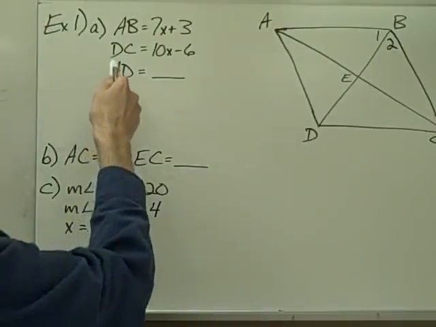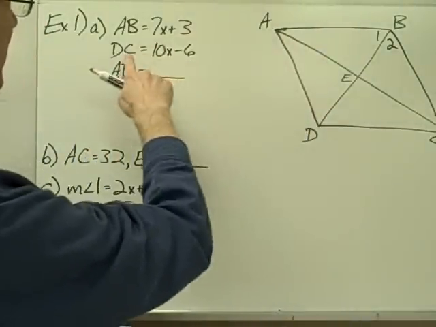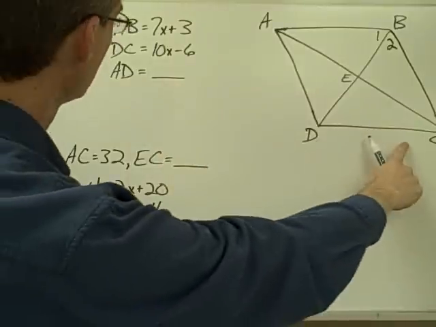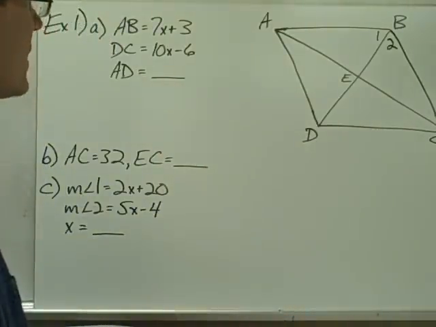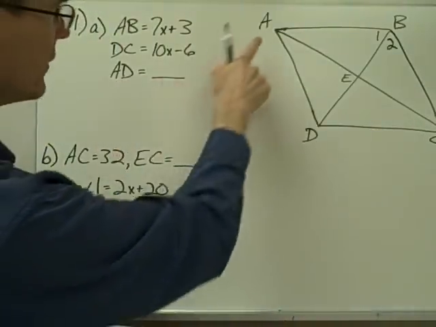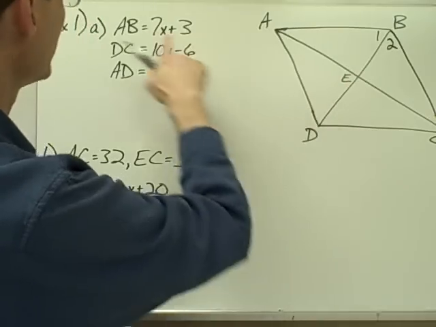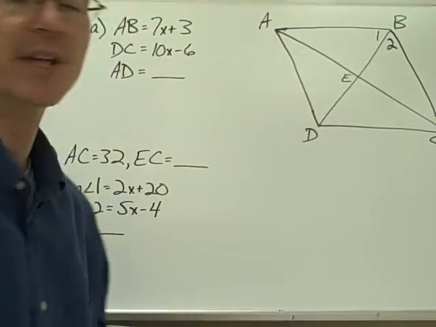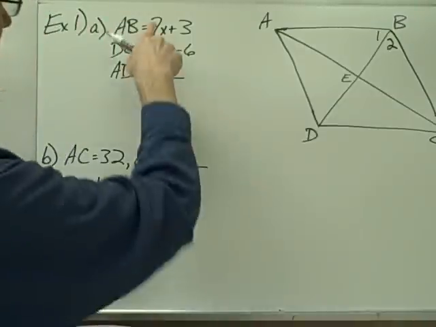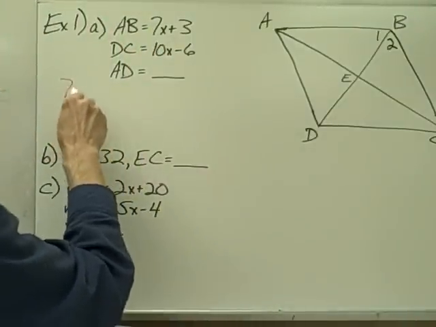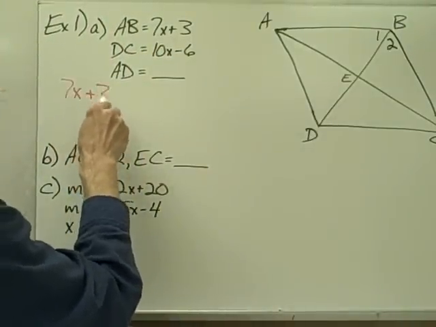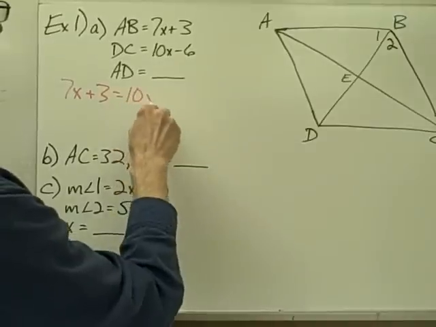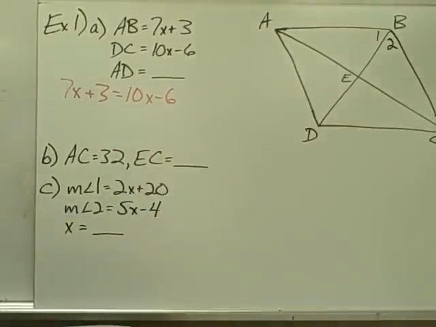So for example, 1A, I'm told AB is 7x plus 3, DC is 10x minus 6, and I'm looking for the value of AD. Well, first thing I note that AB and DC are two sides of a rhombus. Since I know all the sides of a rhombus are congruent, that means I can set these values equal to each other. 7x plus 3 is equal to 10x minus 6.